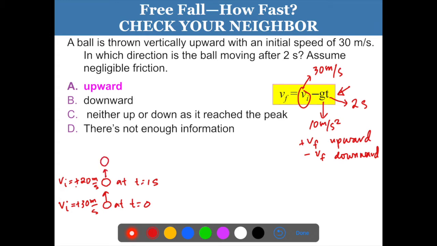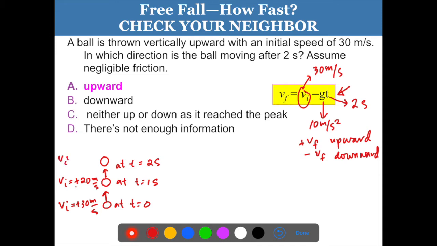After 2 seconds, 2 seconds after the ball was thrown, acceleration is still 10 meters per second squared. That means that the velocity is changing by 10 meters per second every second, right?